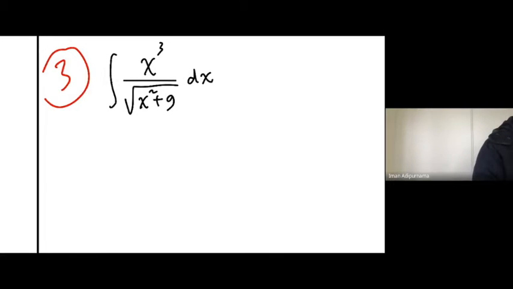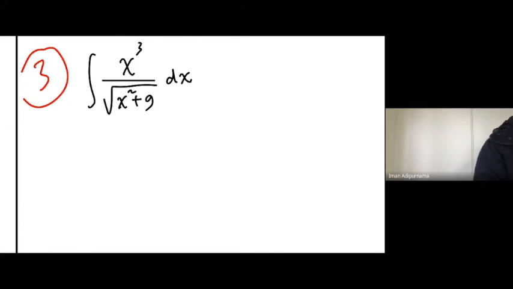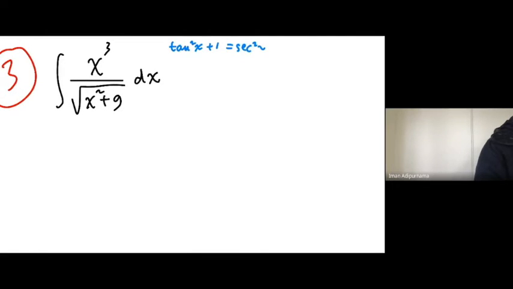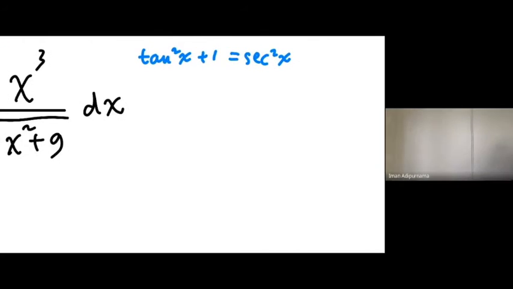Now the most obvious one is if you see this identity, of course, the easiest substitution that we can assume for x is using the tangent.